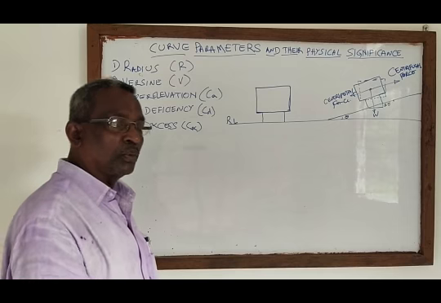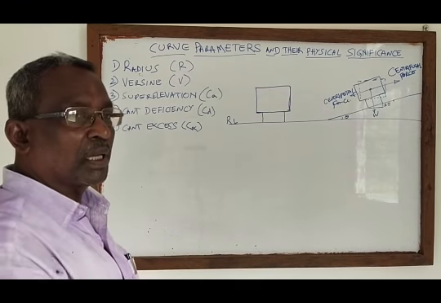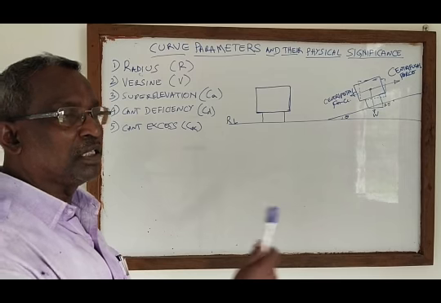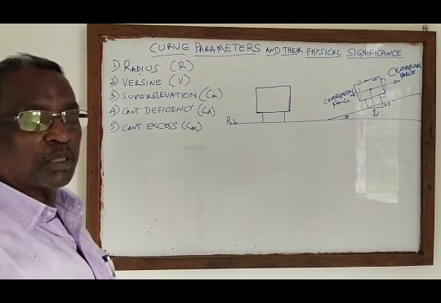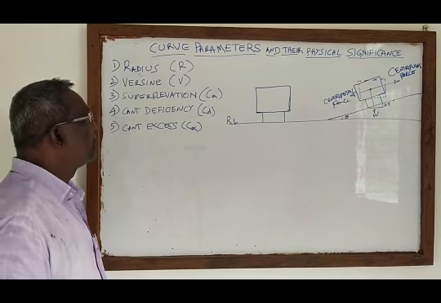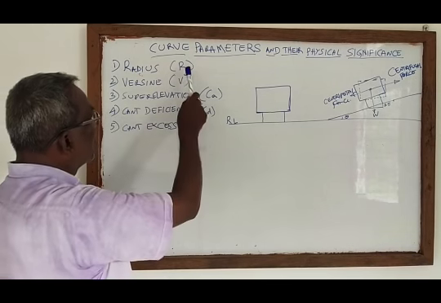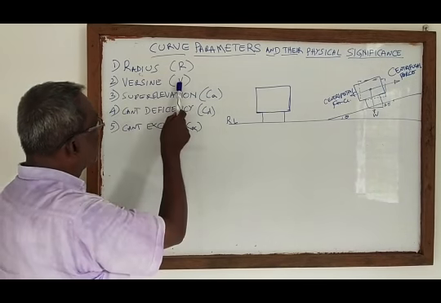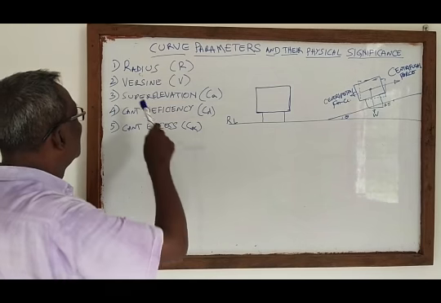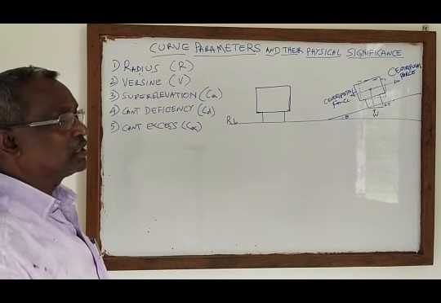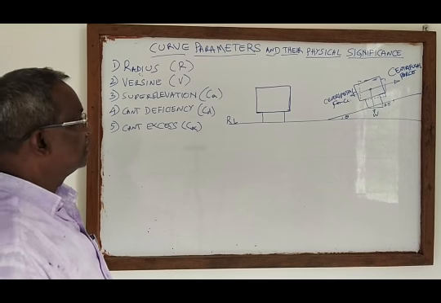To decide the curve, what parameters are required, and what is their significance? We will discuss one by one. Number one, radius, that is R. Versine, V. Superelevation, that is SC or CA, actual cant.